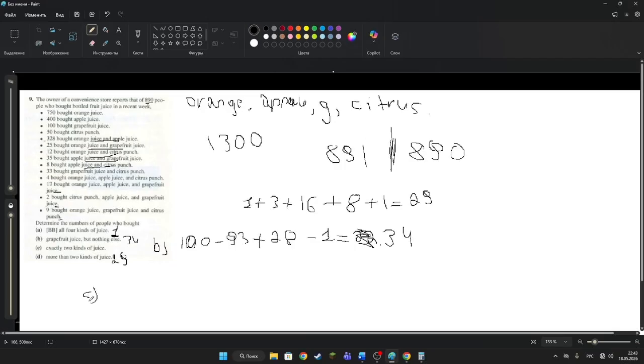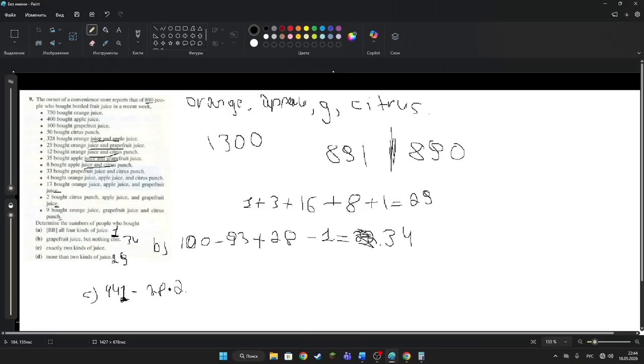Yes. And let's look at the C case that says exactly 2 kinds of juice. So if we calculate only people who bought 2 juices, we can get that number. But there are people who bought more than 2 juices, for example 3 juices, and the number of people who bought 3 juices is 28, and we multiplied 2 by 2. Why?